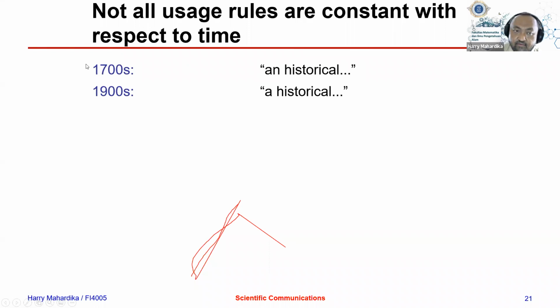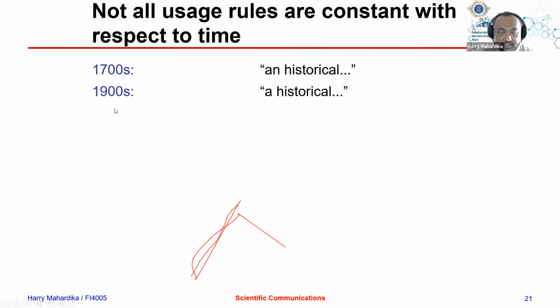So in the 18th century, when people pronounced history, it became "istory." The H is silent, and therefore they used "an" as the article for history.